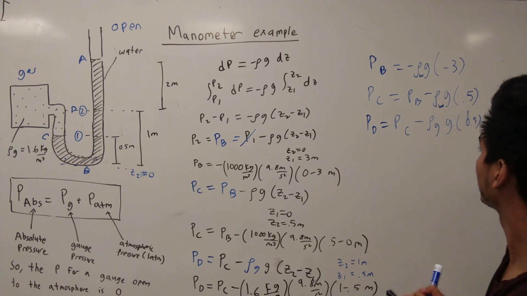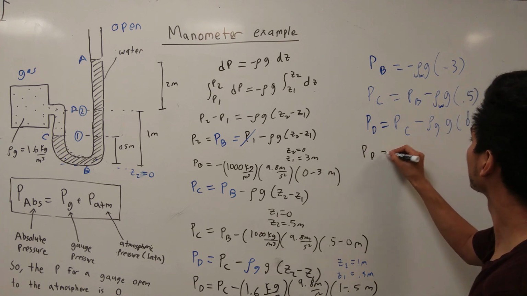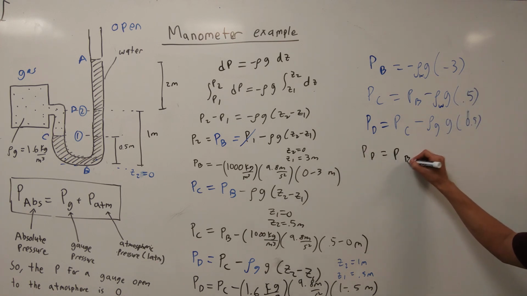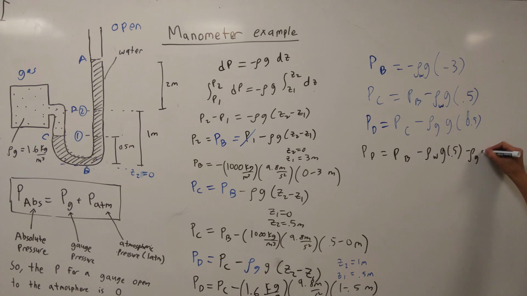And now if I plug in PC into that guy, PD is equal to PB minus rho of the water, G, 0.5, minus rho of the gas, G, 0.5.